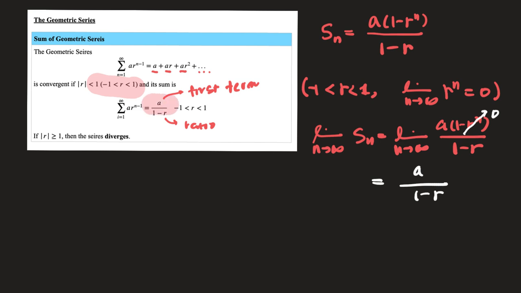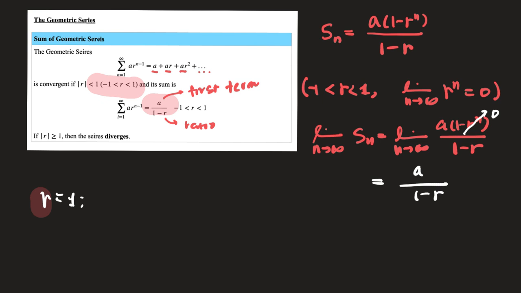That's what we find for the geometric series. So what happens in the other cases? We only checked r between negative 1 and 1. Now we need to check r equal to 1, r greater than 1, r less than negative 1, and r equal to negative 1.